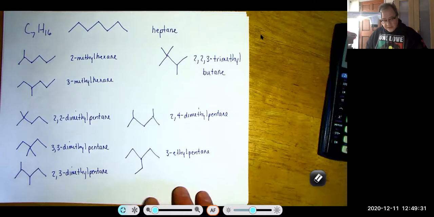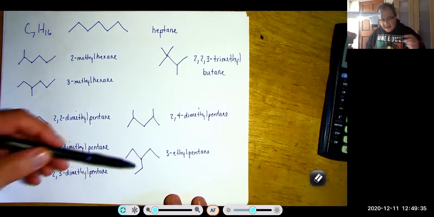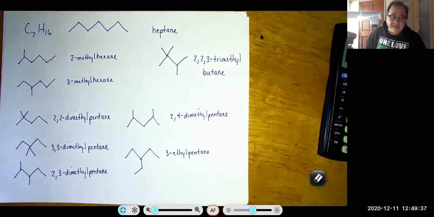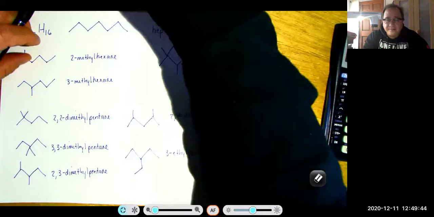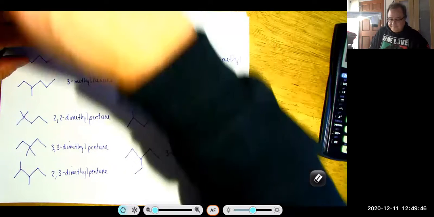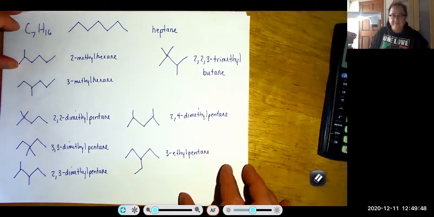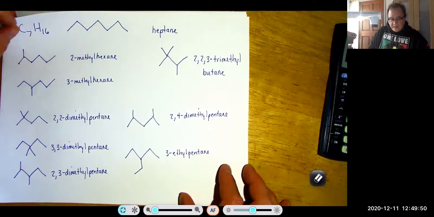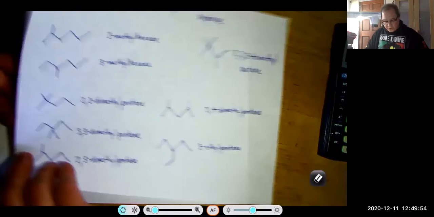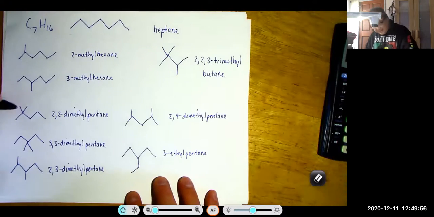So turns out that there are 1, 2, 3, 4, 5, 6, 7, 8, 9 isomers of C7H16. Any questions? Or are we good on that? If we're good, give me a thumbs up. Okay. So for your homework, you were supposed to get these 5.